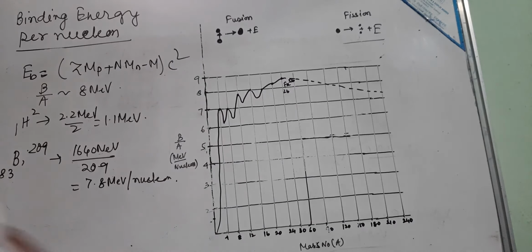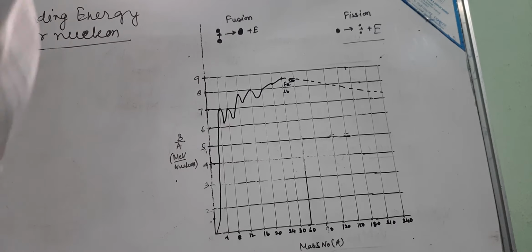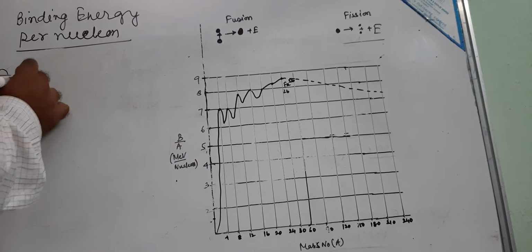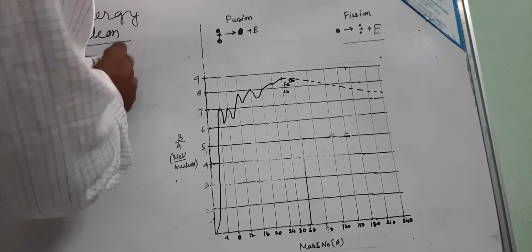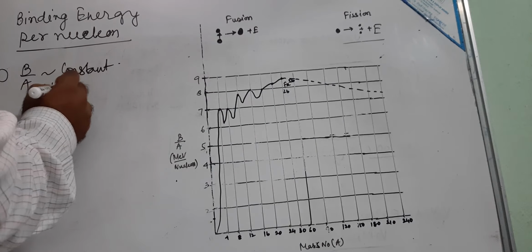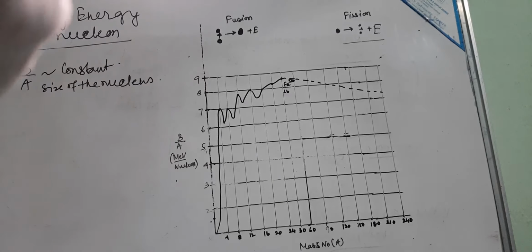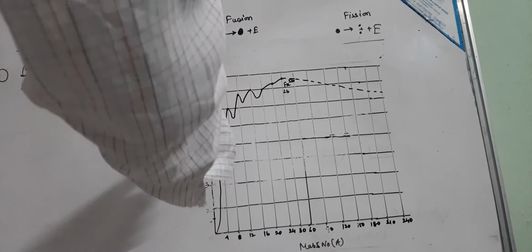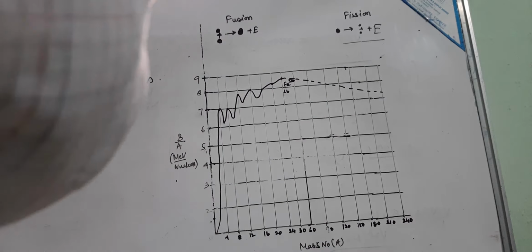The graph says, number one, B by A, the binding energy per nucleon, is constant and independent of the overall size of the nucleus. As a result, since this curve of binding energy per nucleon versus mass number is independent of the size of the nucleus, there is a close analogy between the nucleus and a liquid drop.